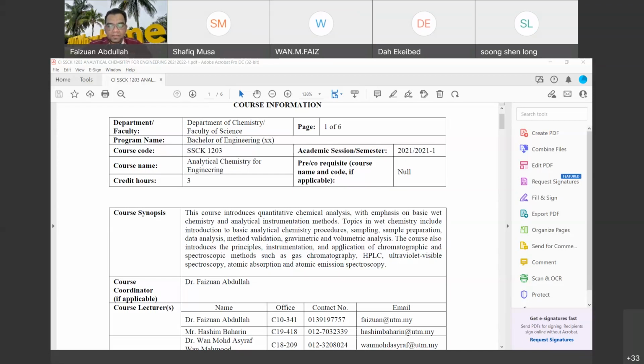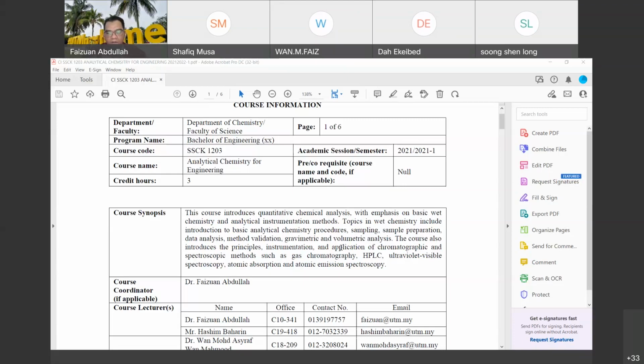All right, and then in this course, we will learn comprehensively on the instruments. We have several types of instruments: under the chromatography methods, and also under the spectroscopic methods. And then we also learn the classical methods in analytical chemistry, which involve gravimetry and volumetry.